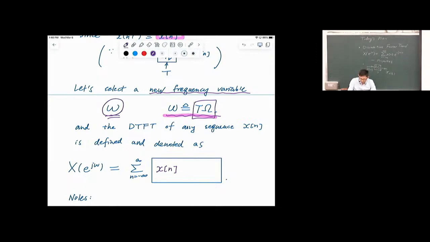Its Fourier transform can be expressed, as we have derived, as a summation of x n times e to the minus j.